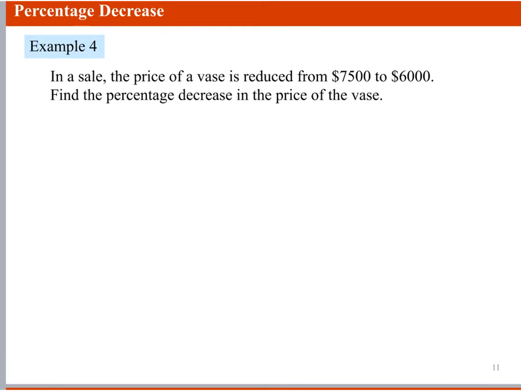Let's do an example. The price of a vase is reduced from 7,500 to 6,000. So the price decrease equals the original minus the new, which equals 1,500.